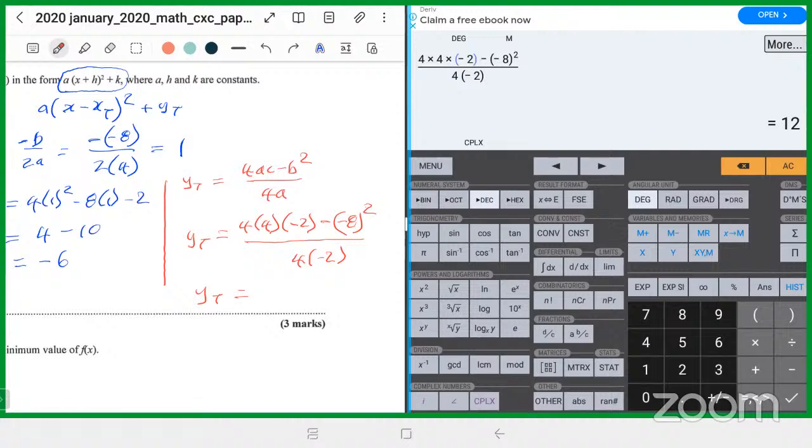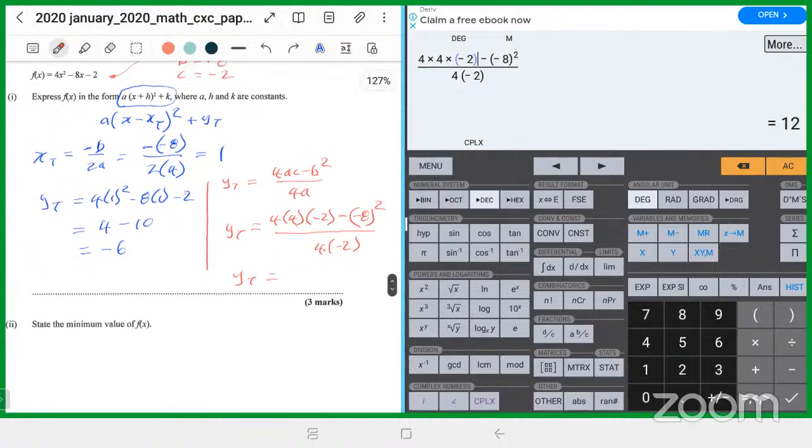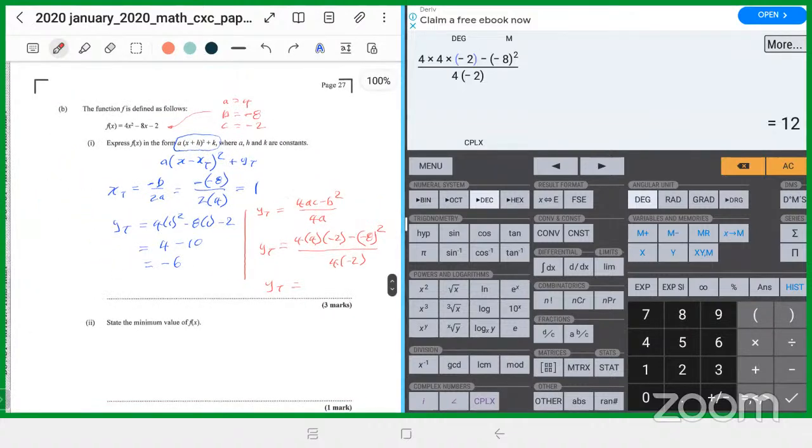Something is wrong. I get a different answer. 4 times 4 times negative 2 minus negative 8 squared over... it's a mistake here. 4a.